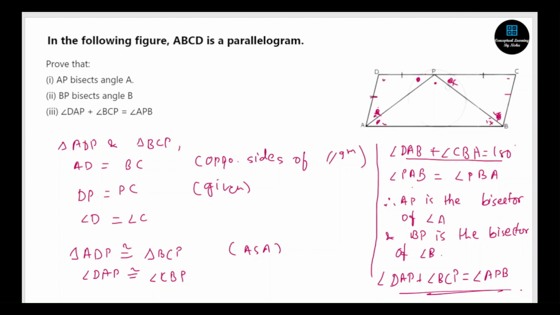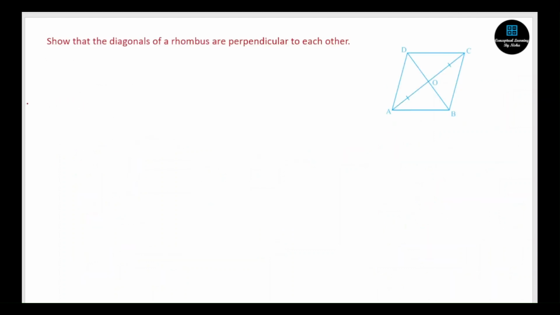Alright, great. Now we have to show that the diagonals of a rhombus are perpendicular to each other. Okay, we have to prove BD is perpendicular to AC. Now for that, here ABCD is a rhombus which is given to us.